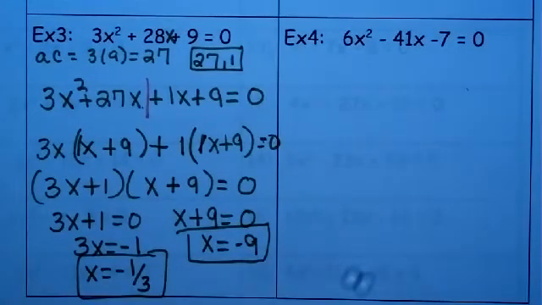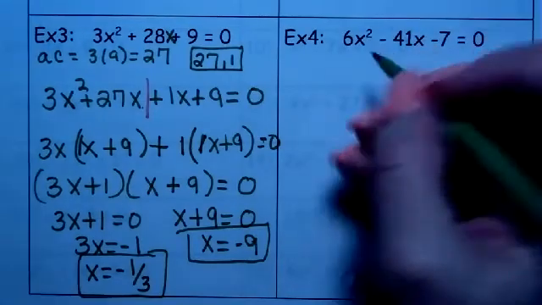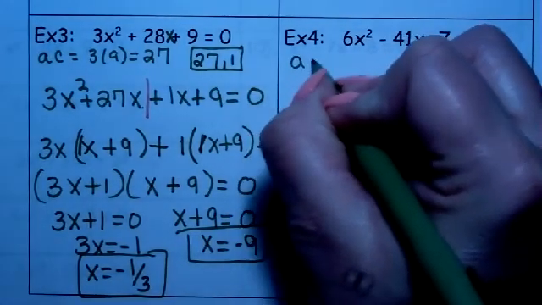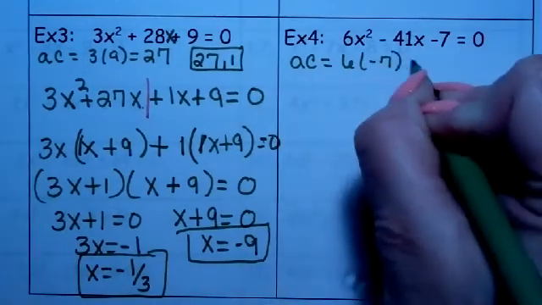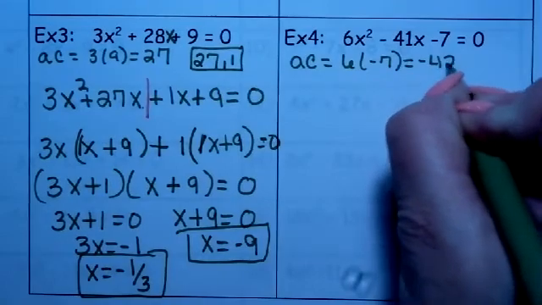Okay. Now, example 4 is more like the examples in the day 4 notes for factoring. Okay, so the first thing again we're still going to do is find AC, which is going to be 6 times negative 7, which is negative 42.